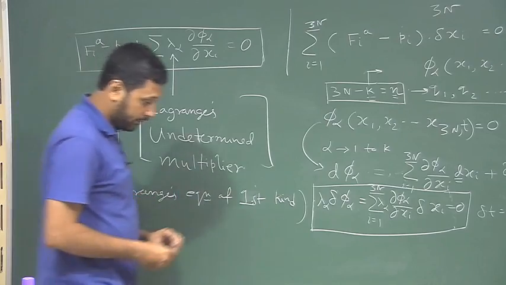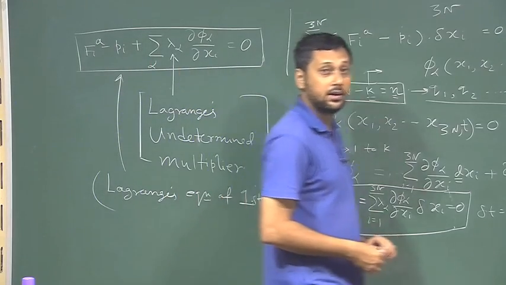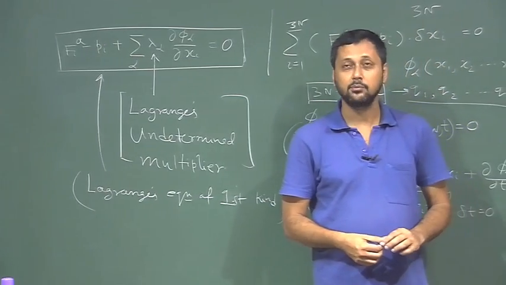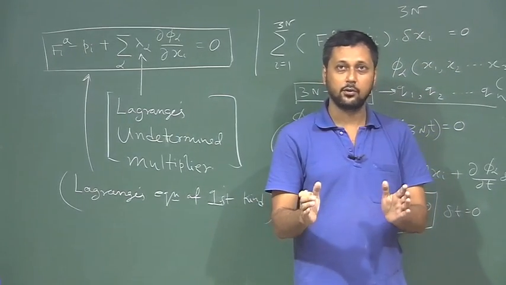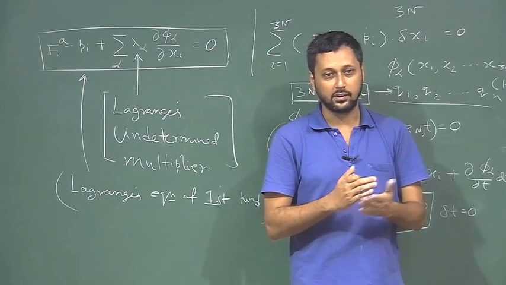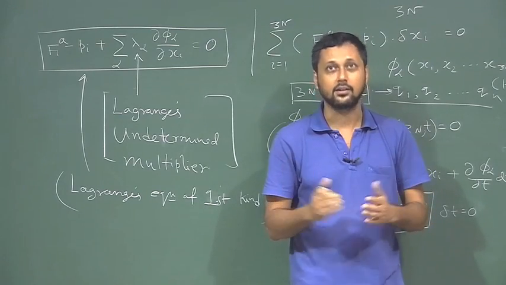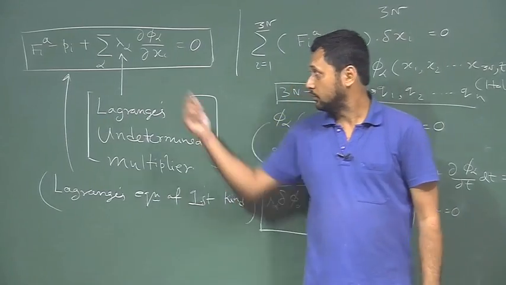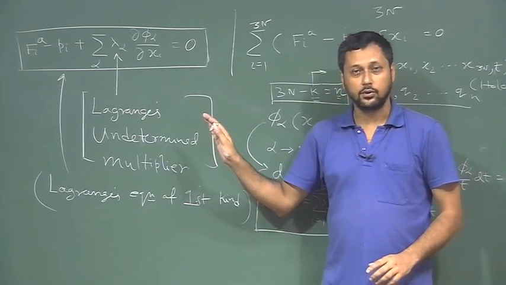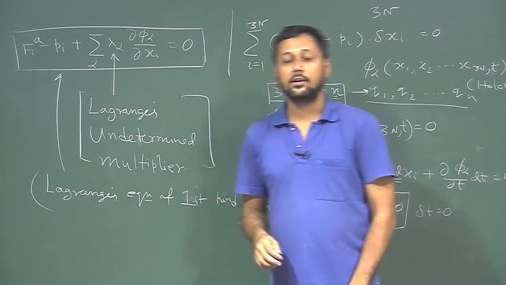I am pretty sure you have used Lagrange's multiplier in your maths problems. Sometimes you have a constraint equation, and you have to solve under certain constraint conditions, and this is where we use Lagrange's multiplier in general. That is where it was first introduced, sometime in the 1750s.